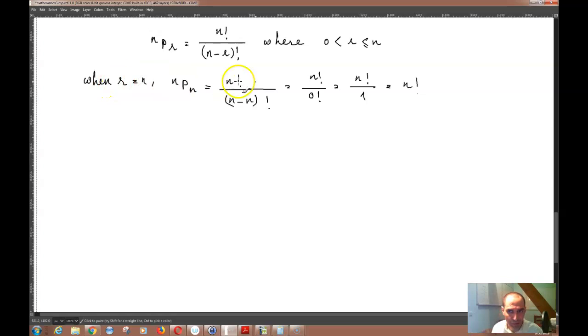So when r is equal to n, then n permutation n is equal to n factorial.